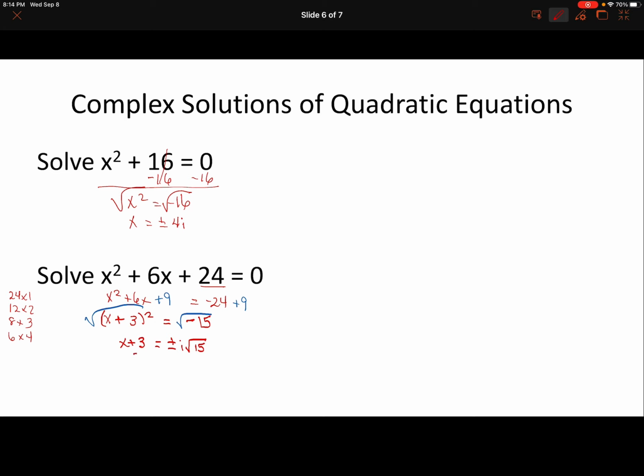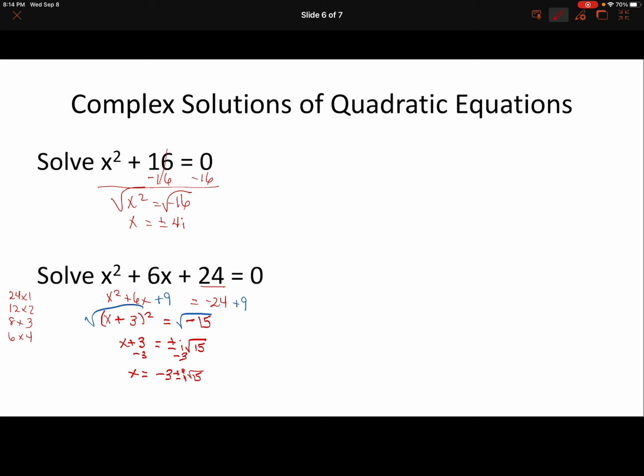When we solve this, we're going to subtract 3 from both sides, and our answer is going to be x is equal to a negative 3 plus or minus i square root of 15, or the square root of 15 times i.